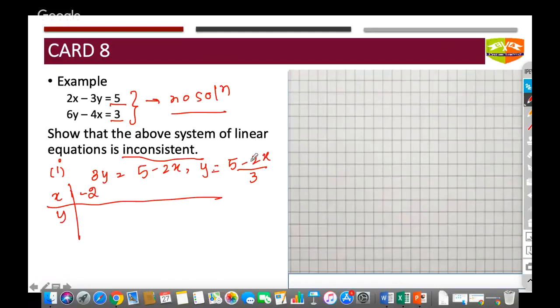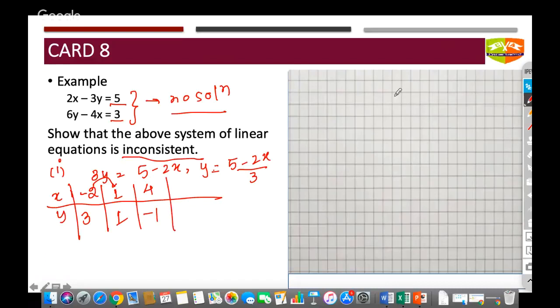Minus 2 into minus 2 is 4, 4 plus 5 is 9, divided by 3 is 3. So at x is equal to minus 2, I get y is equal to 3. Look at the denominator, increase x by 3, this becomes 1. So at x is equal to 1, this will give me 1. At x is equal to 4, 5 minus 8, this will give me minus 1.